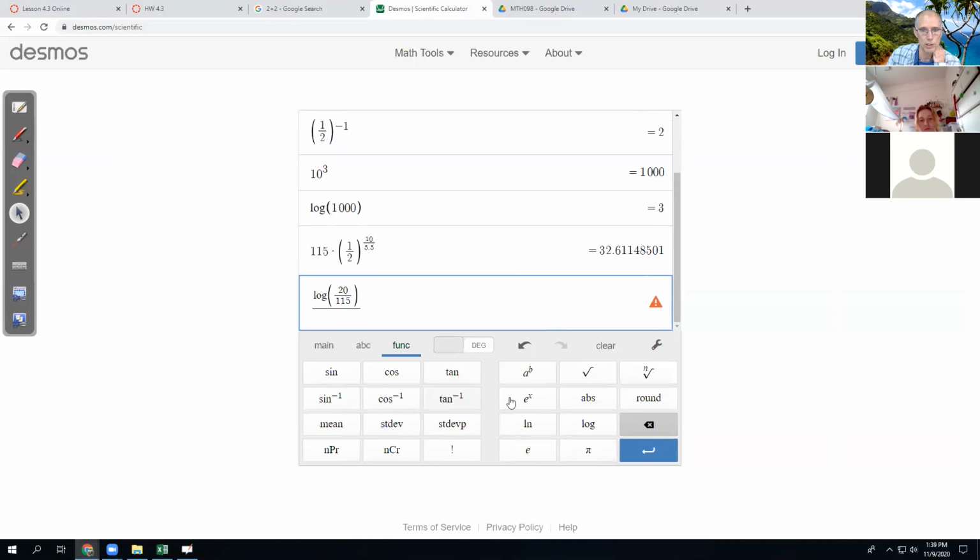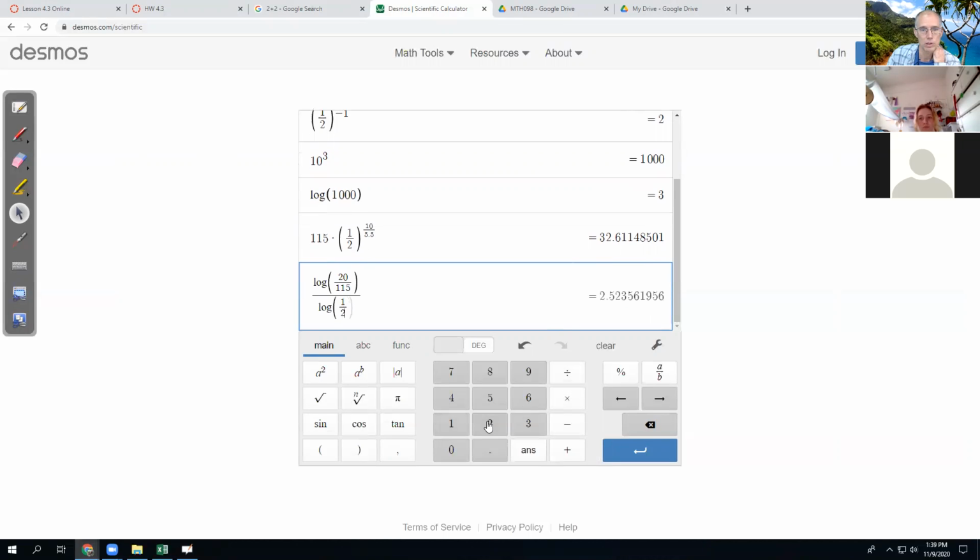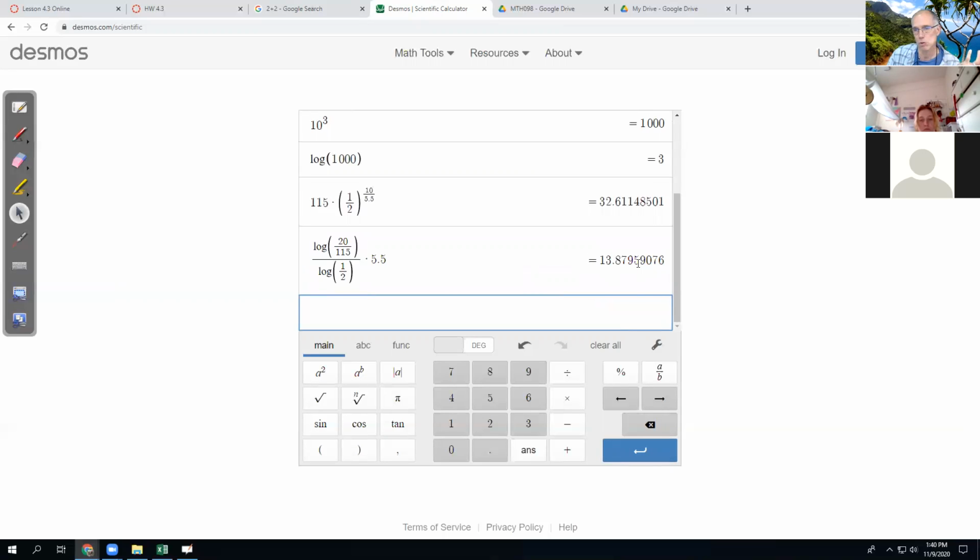So a few more buttons to push here. Get out of the denominator, close the parentheses, get out of the denominator again to multiply by 5.5. So again, we have to master our own calculators, and Desmos agrees with what Google had, about 13.88 hours.